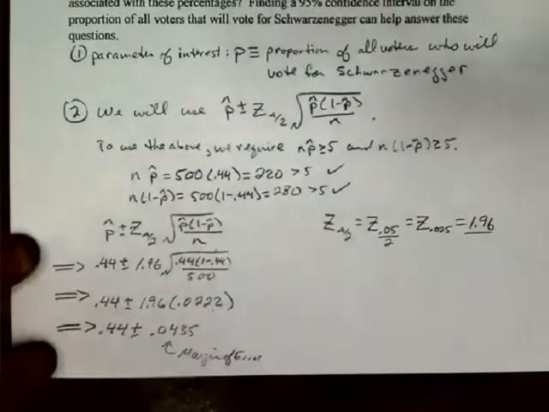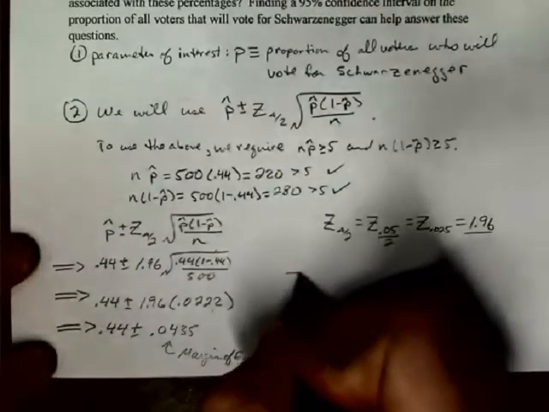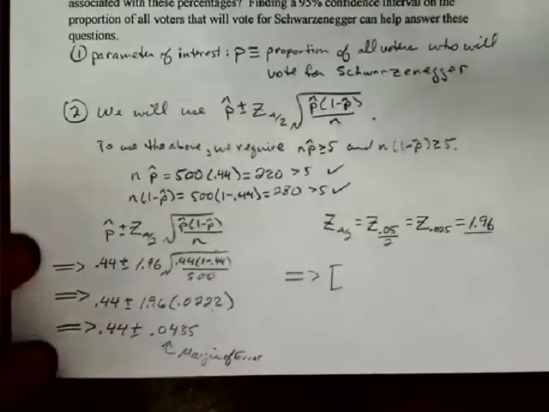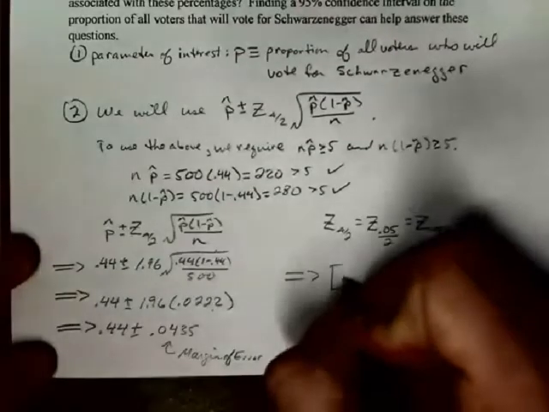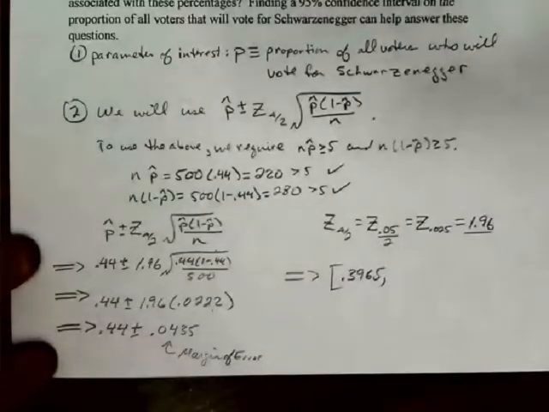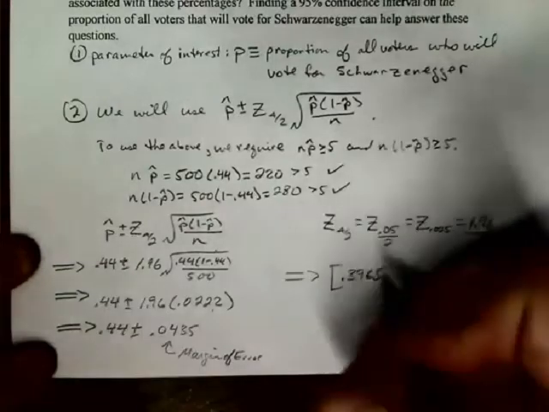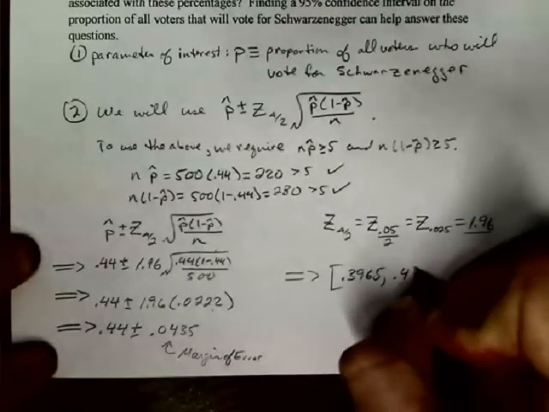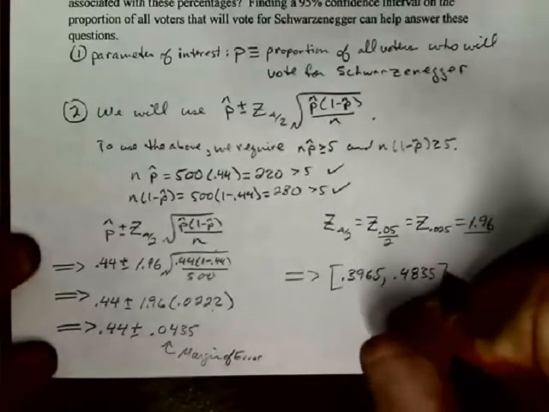Okay, we'll come back to that in a little bit, but further simplifying, my lower bound would be 0.44 minus 0.0435, which is 0.3965, and the upper bound would be 0.44 plus 0.0435, which would be 0.4835.